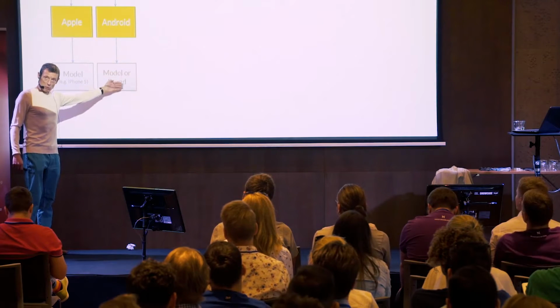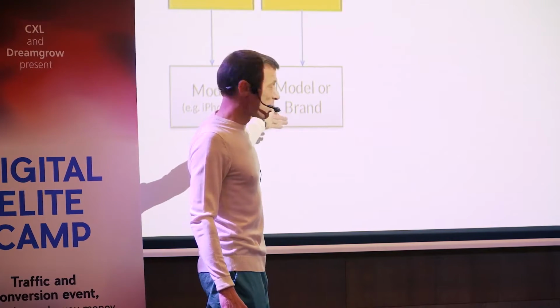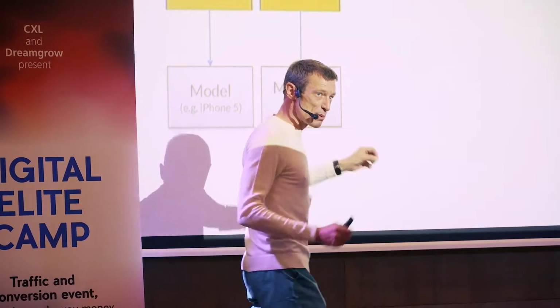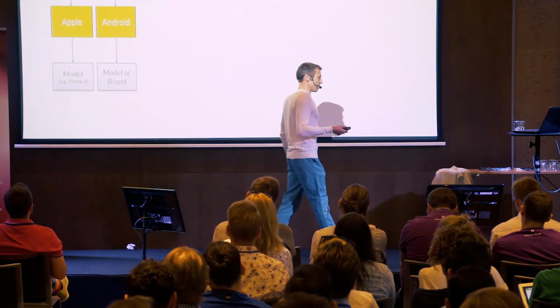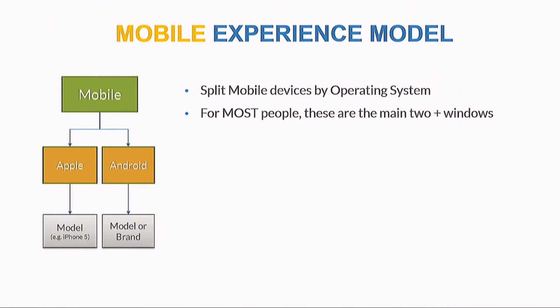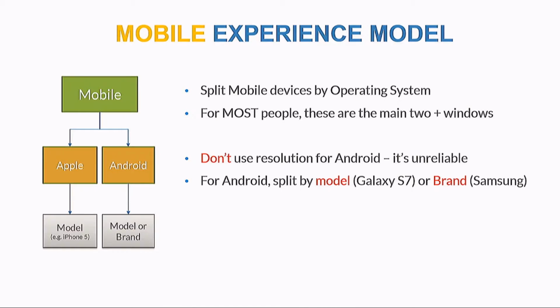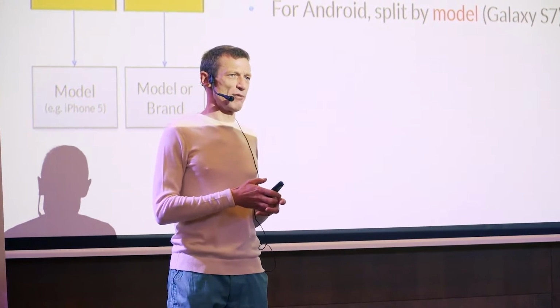And for Android, looking at models is sort of interesting, but there's too many of them. So we tend to look at brand or specific hero models, like you'll always find a large amount of Samsung Galaxy devices. So we split mobile devices by the operating system, and for most people, these are the main two. Don't use resolution on Android. You're thinking, what are the resolution of my mobile Android devices?